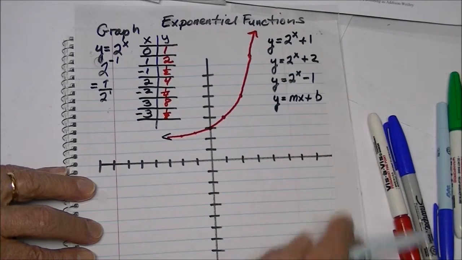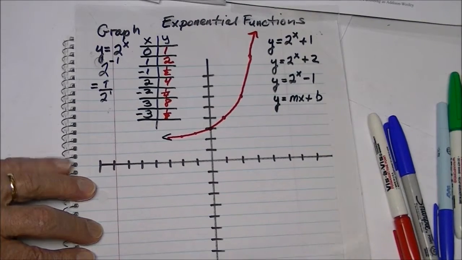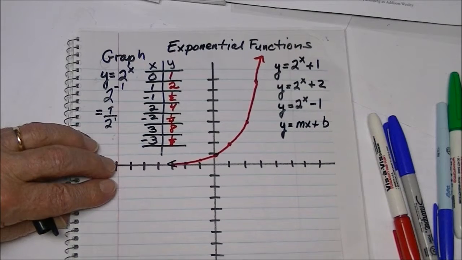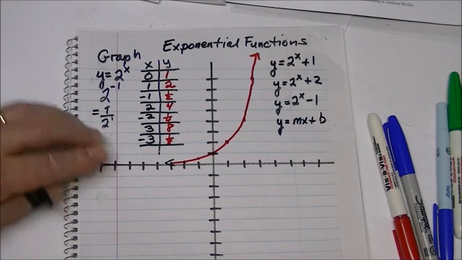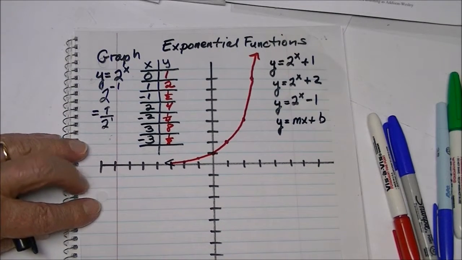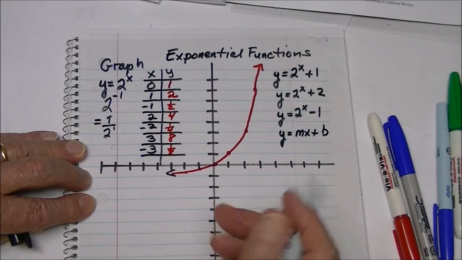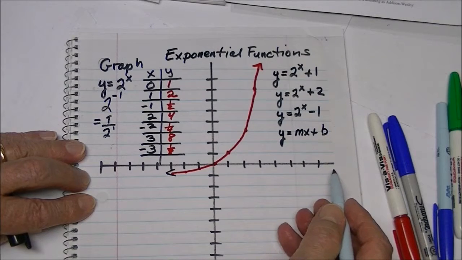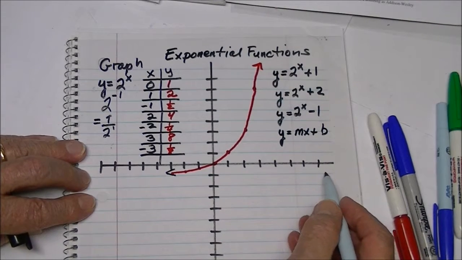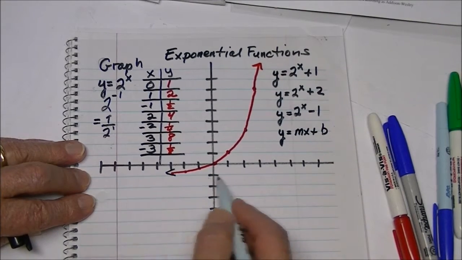Now, if it shifts it down 1, then this is what happens. We're going back to our standard graph there. And we shift it down 1, it just goes like so. And our new horizontal asymptote becomes a -1.